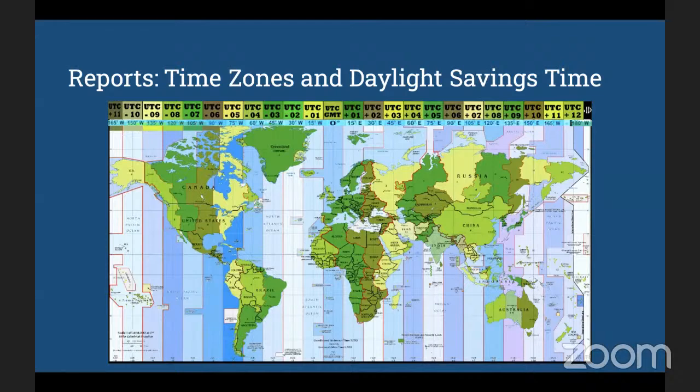UTC doesn't change. It is definitely one of those formats that is the same no matter where you are on planet Earth. So if you're in a big company and you're doing investigations across the world, syncing to UTC would be the best. And UTC 0 to be exact.